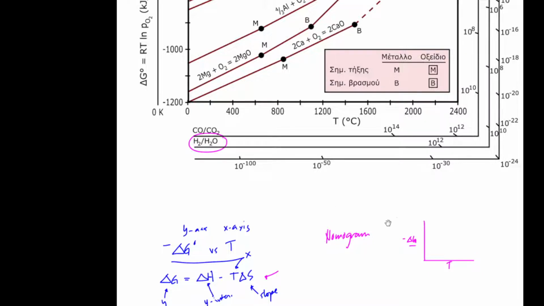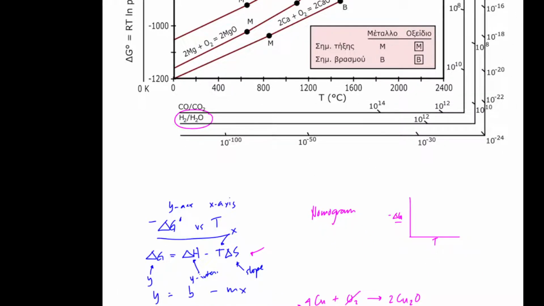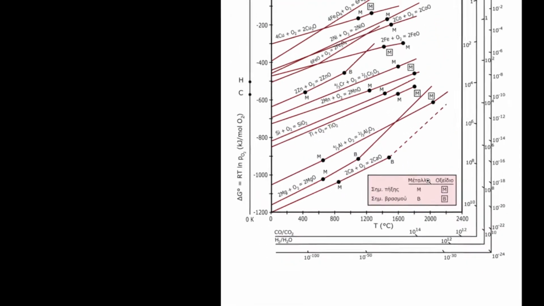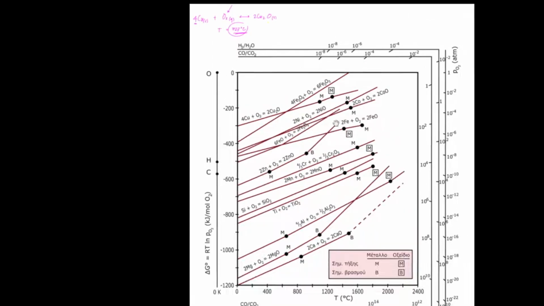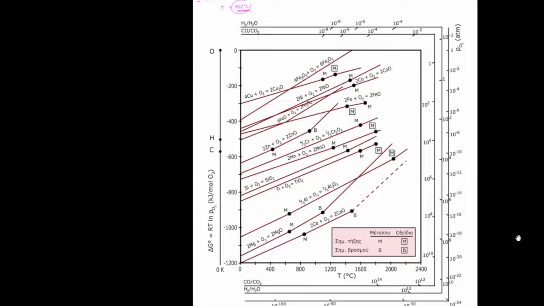So let's take the simplest case first, on how we will use the nomograph, before I proceed with our problem from earlier, the oxidation of copper at 727. Simplest case first.